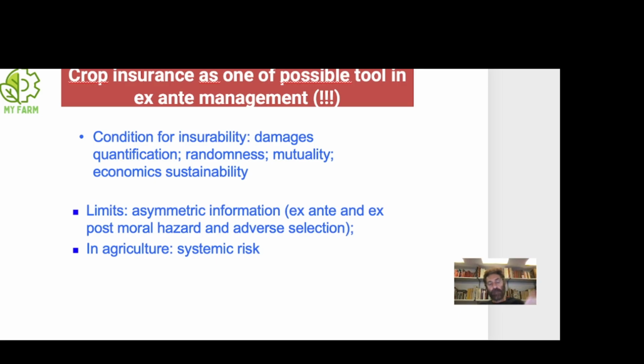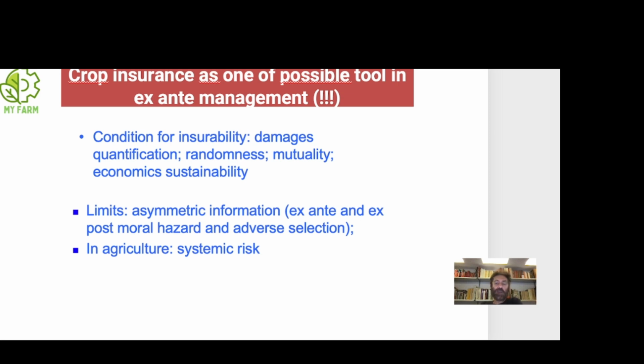For the systemic risk that we just recalled before, a very, very high share of the insured farmers' area is exposed to the same events at the same moment. So asymmetric information leads to the problems of adverse selection and moral hazard.